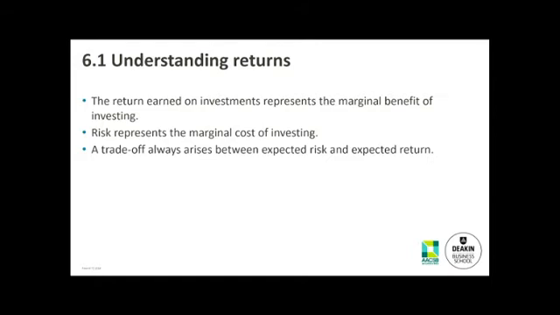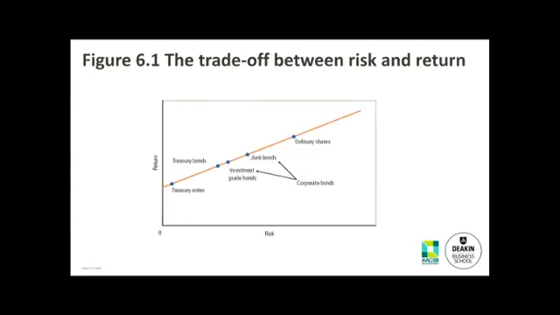All right. As long as we know the trade-off between expected risk and return, let's look at this general relationship before we formally start. Look at this beautiful graph. Horizontal axis is risk, vertical is return.